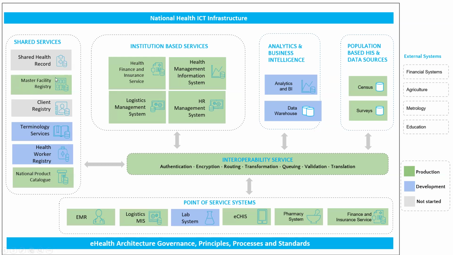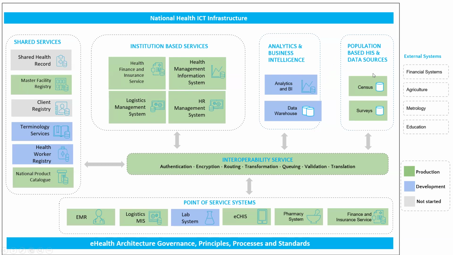One of the solutions we are going to develop is the Master Facility Registry that I described before. Here we have institution-based services. Here come DHIS2, the Health Management Information System, and other systems. We have analytics and business intelligence for analytics and data warehousing.